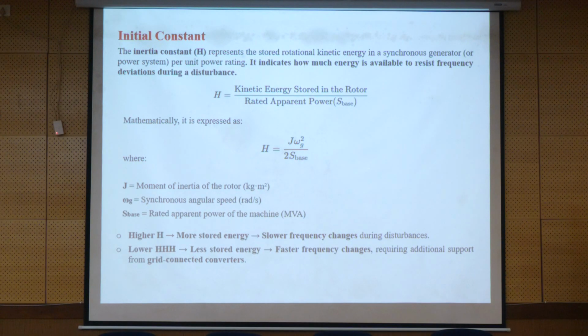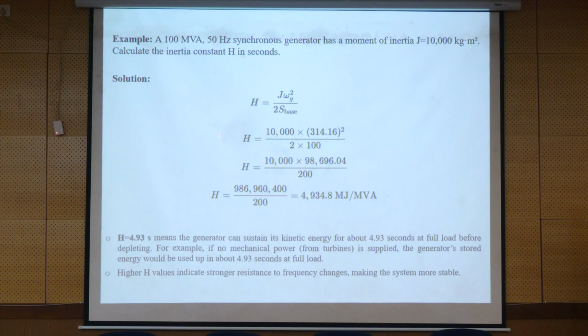And just as an example, when you have a machine whose inertia constant is 4.93, it means that when we stop the power, it can continue for up to 4.93 seconds to keep the system stable.